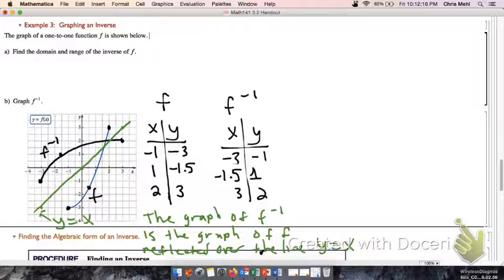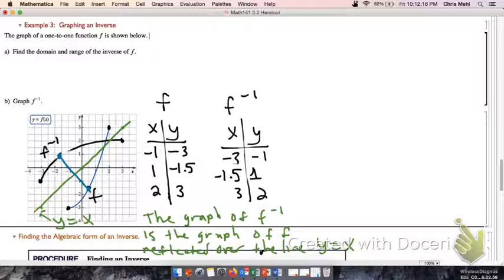Hopefully you can see that. If I look right here, hopefully you can convince yourself that this point on f was reflected over the line y equals x to get this point up here. So that's one way you can get the graph of an inverse function, is really think of it as the reflection over the line y equals x.